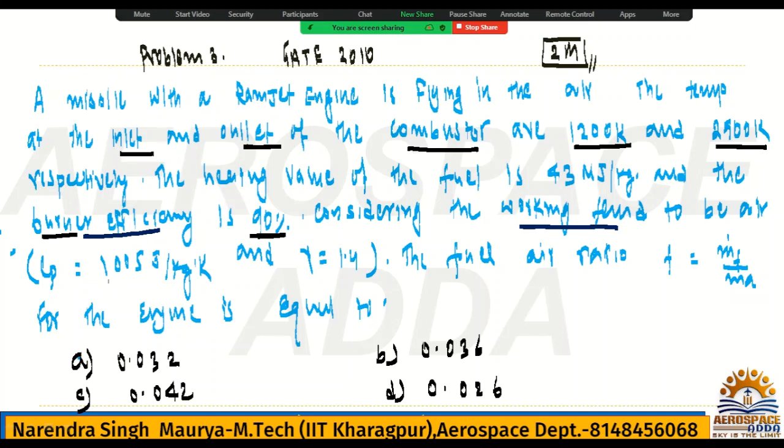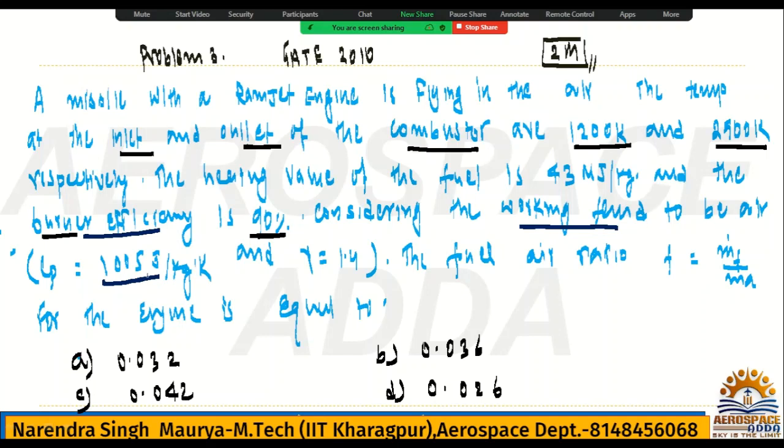So Cp will be common for both, because only one Cp is given. In a few problems they will give Cp of air as this and Cp of gas as this, and at that time you take them separately. But when they have not given them separately, whatever Cp is given will be common for both.